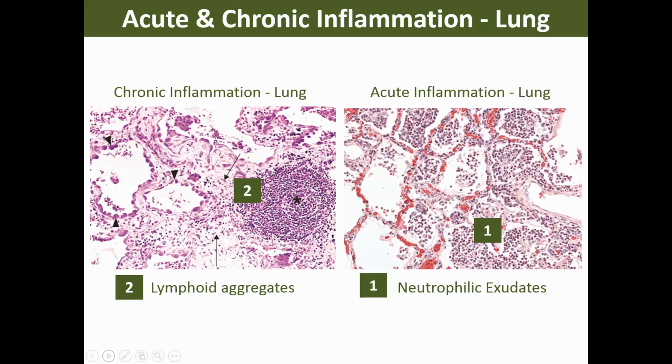So to differentiate the acute and chronic inflammation, I am taking the inflammatory disease of the lung. Okay, so before going to that, I will explain something about the histology of the lung. So this is the lung. Okay, and the lung gets the tubular structure of the trachea.